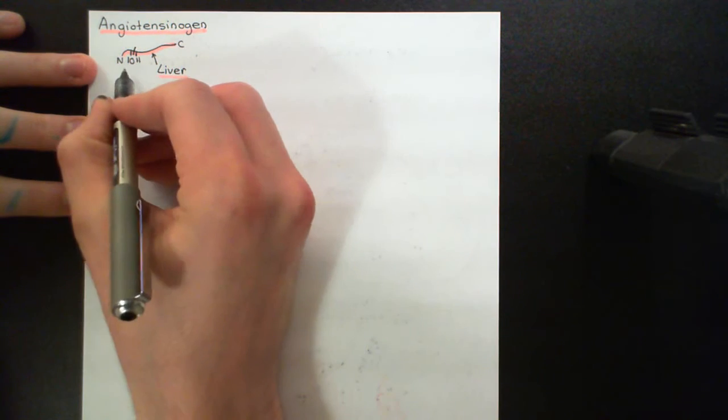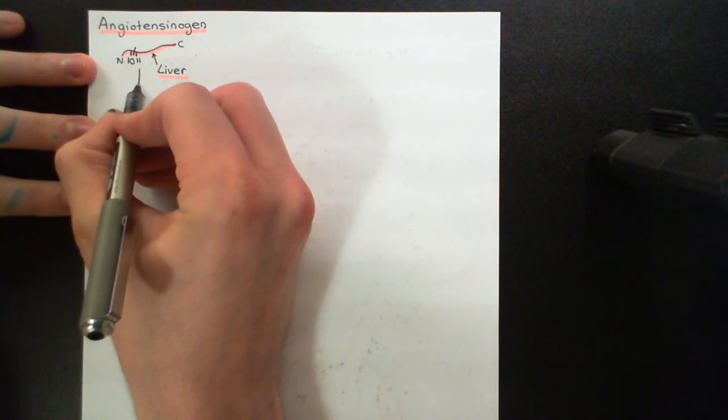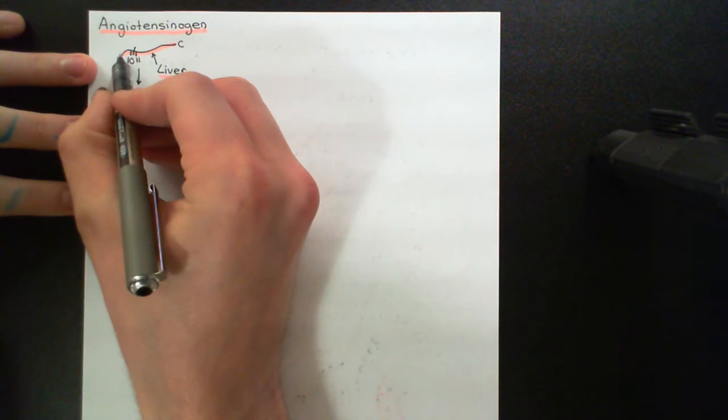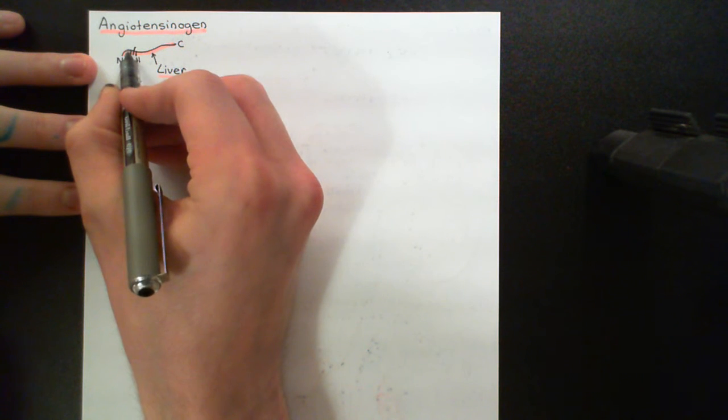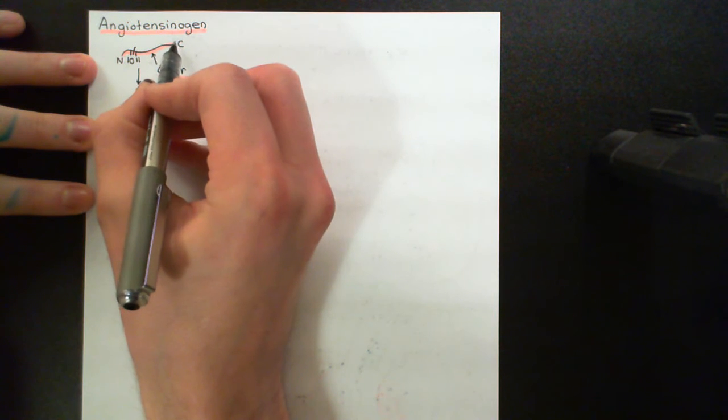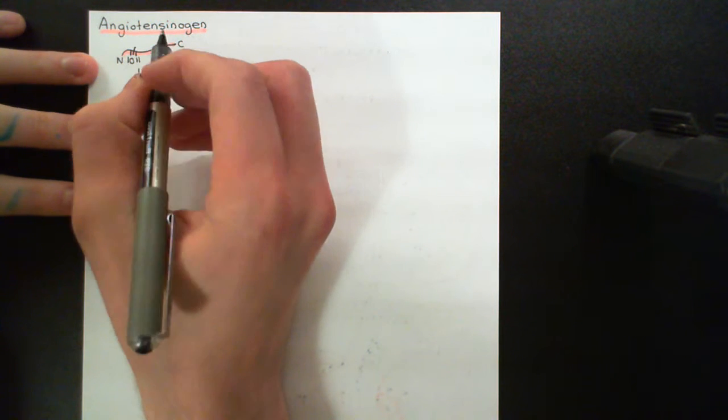We are going to cleave that link between the 10th and 11th amino acid of angiotensinogen, and overall the result of that then is that you'll now end up with two fragments, one which is from the amino terminus to the 10th amino acid, and then the other which is from the 11th amino acid onwards to the C-terminal amino acid.